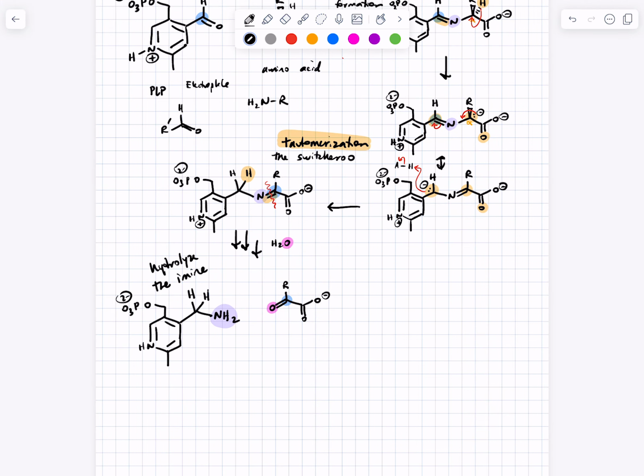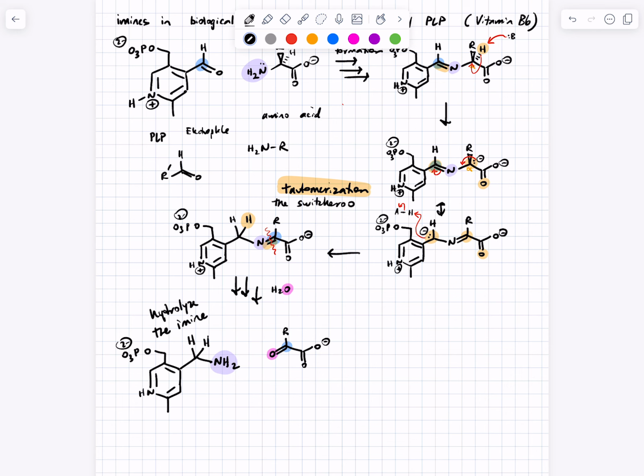So your amino acid, what used to be your amino acid, is now an alpha keto acid. And what used to be an aldehyde is now a primary amine.